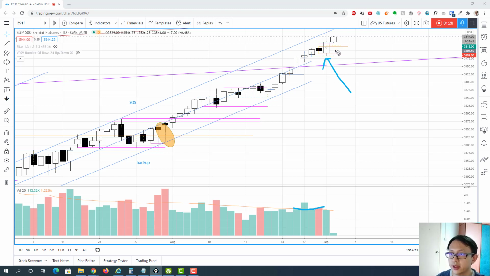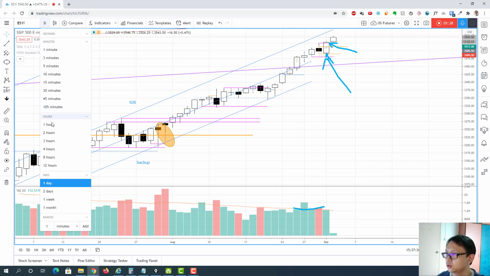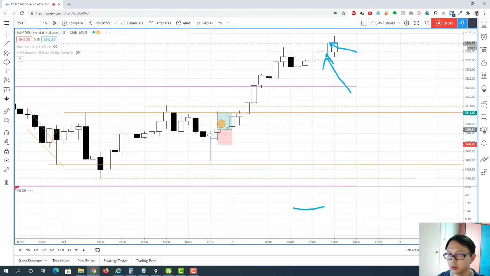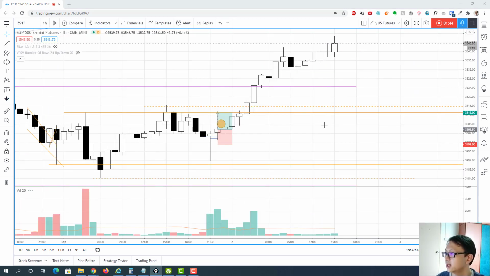In terms of the spread, we can see that it attempted to have a reaction and eventually had a bit of a demand tail and closed near the high here. And this is a relatively bullish signal. So let me just get down to the hourly time frame and I will elaborate a bit more on what's happening for yesterday's session.